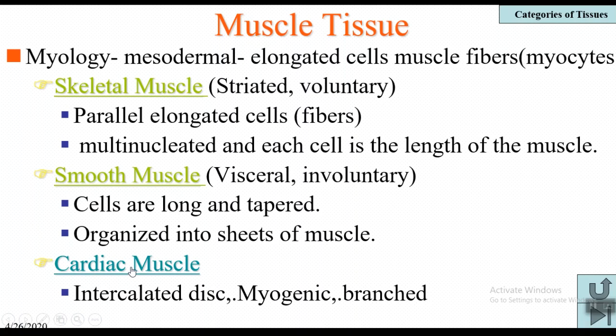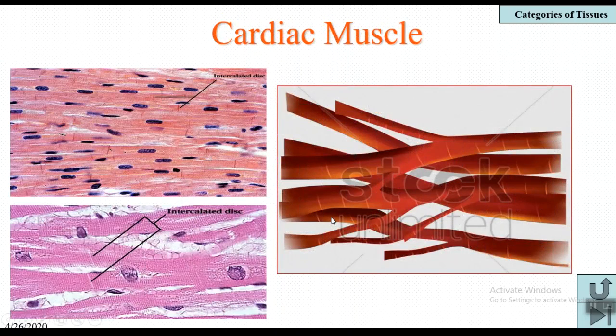Coming to the last muscle, that is cardiac muscle. The name itself indicates that it is associated with the heart. The special property of cardiac muscle is that it is branched, and its unique property is that it never undergoes fatigue. The presence of intercalated discs is another characteristic feature of cardiac muscles.